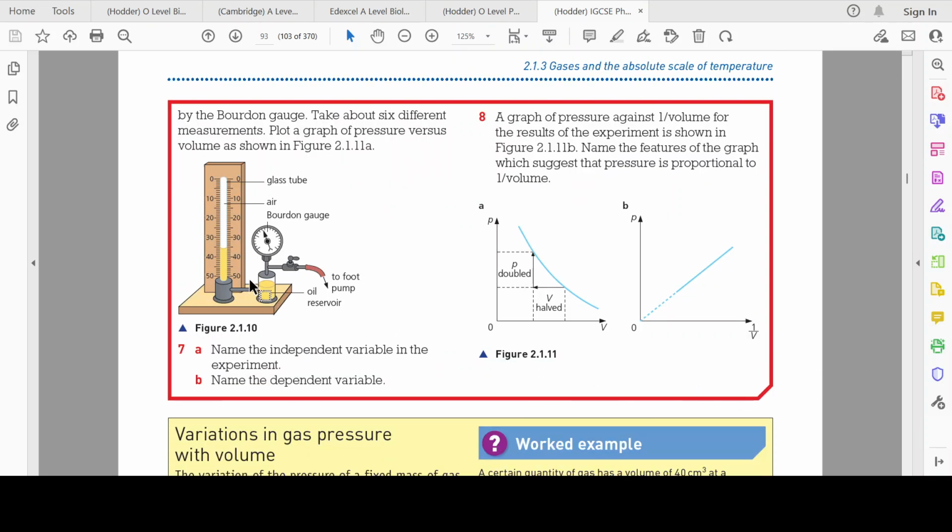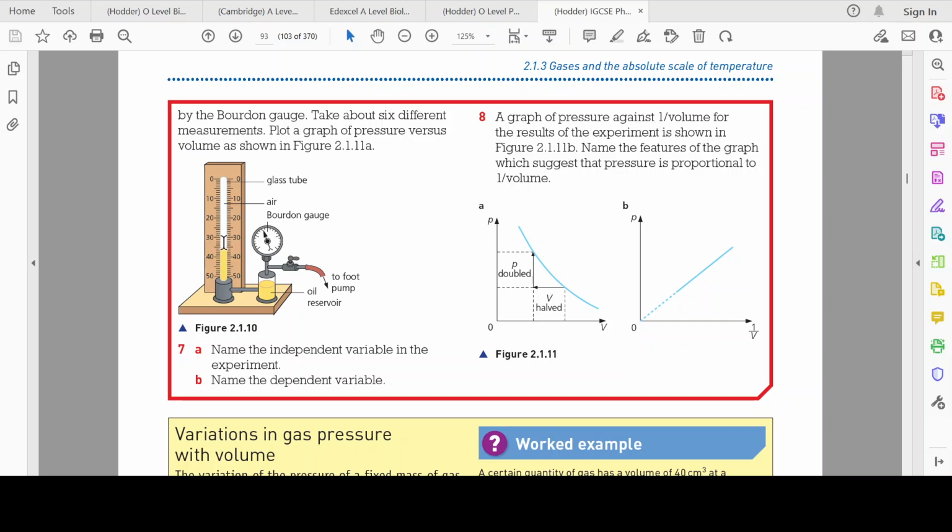The tubing is going to a foot pump, you're pressing on the foot pump, and it's pumping air into this, which is forcing oil into the glass tube.